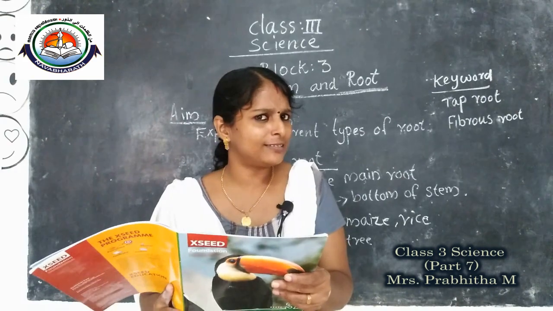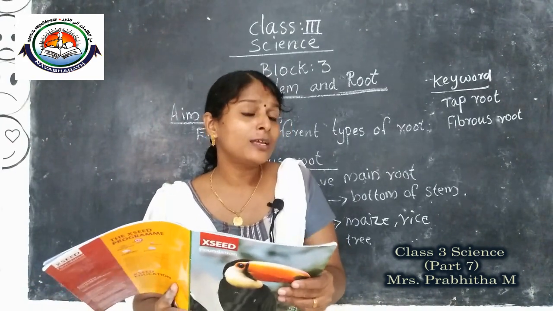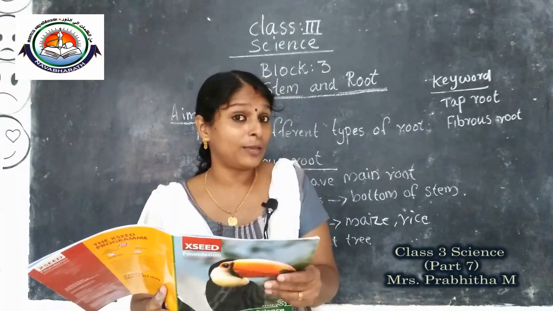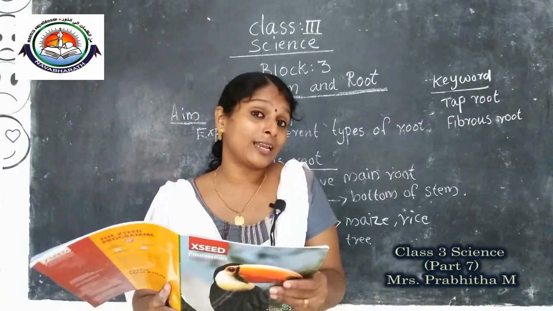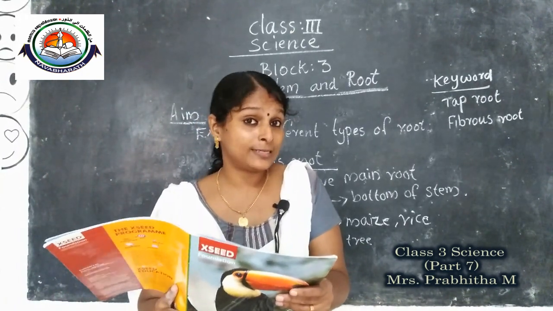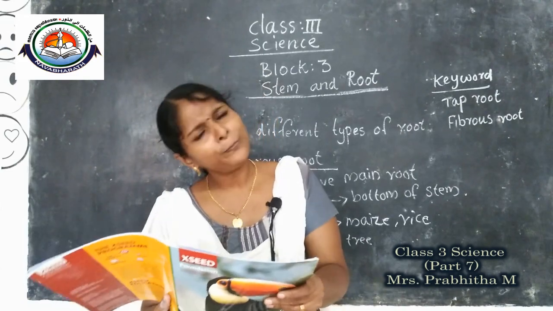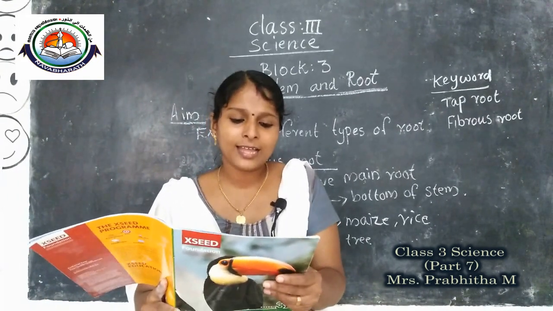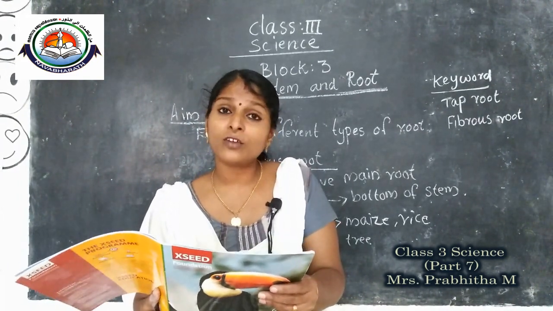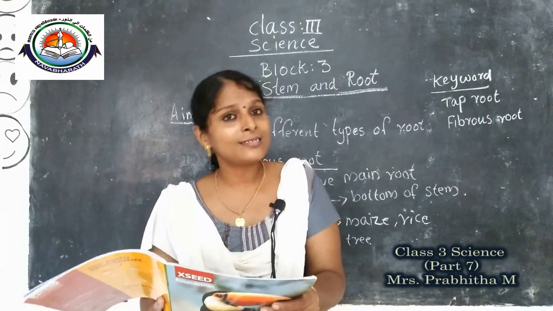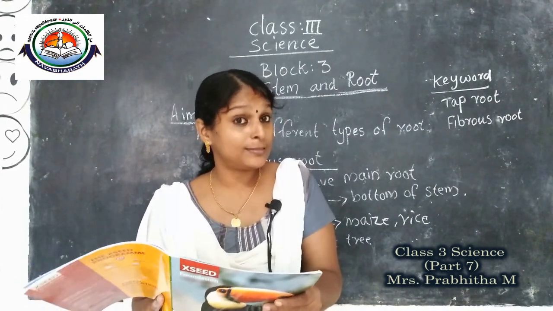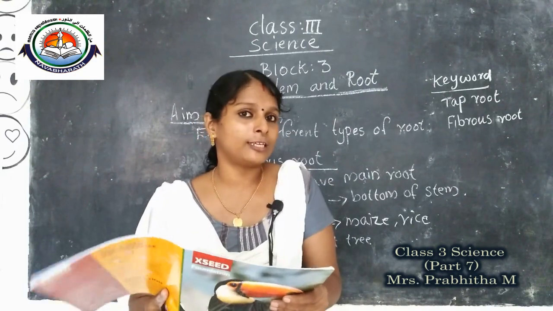Very simple, isn't it? For tap root you can write mango tree, tulasi, hibiscus, most of the plants. Then what are the examples for fibrous root? All the grasses, rice, maize. Coconut tree also you can write as an example.